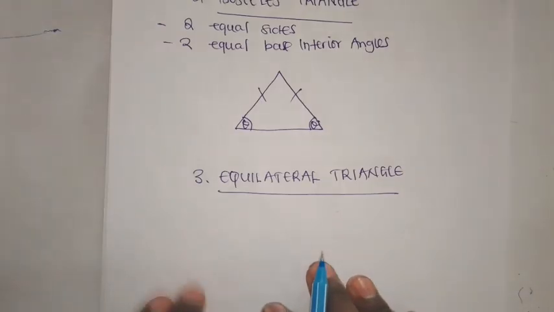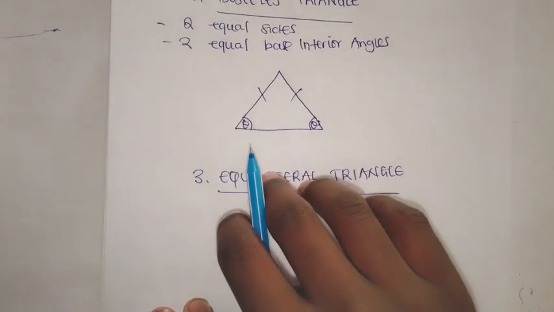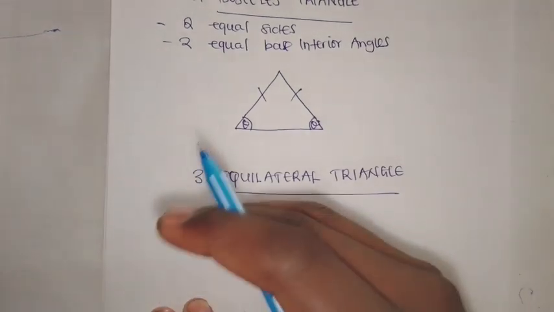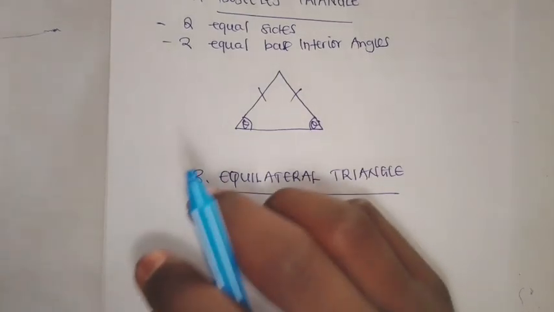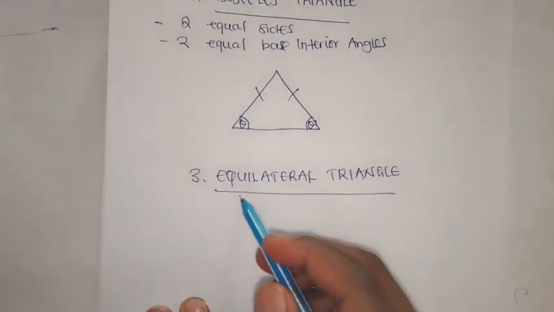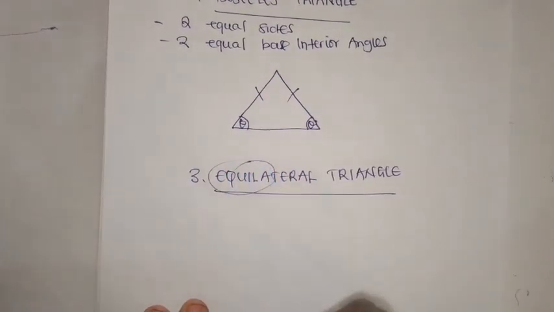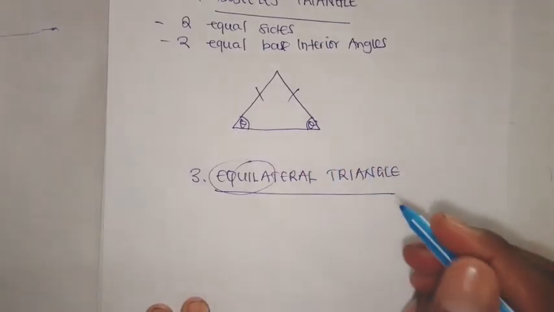All the sides are equal. The lengths of all the sides are equal. Even all the three interior angles are equal. That's why it is called the equilateral. It's from the word equal. So everything is equal here.